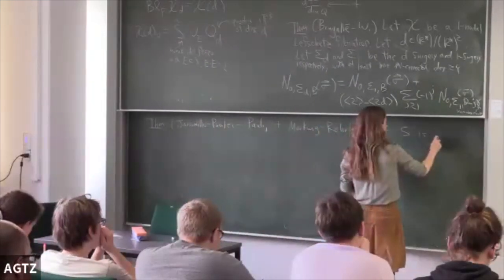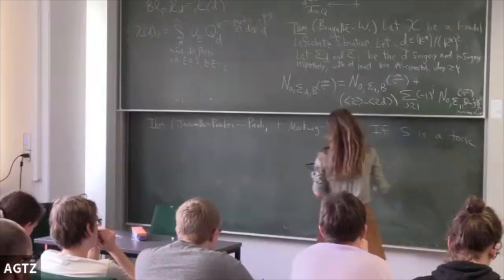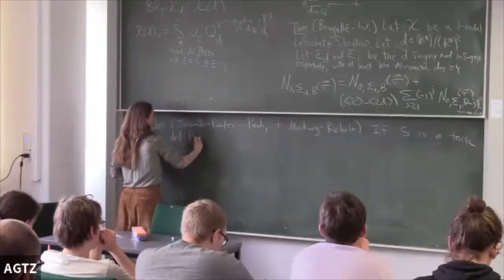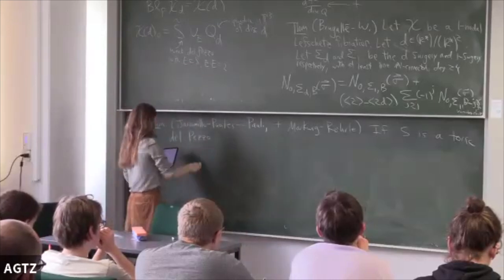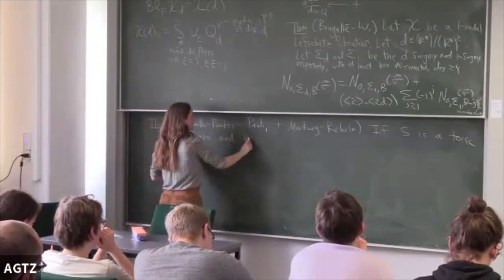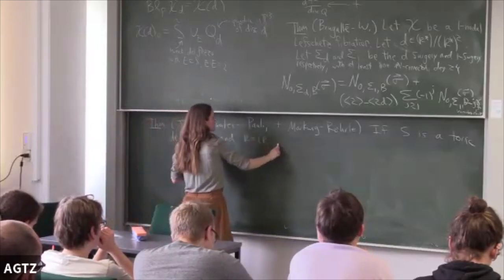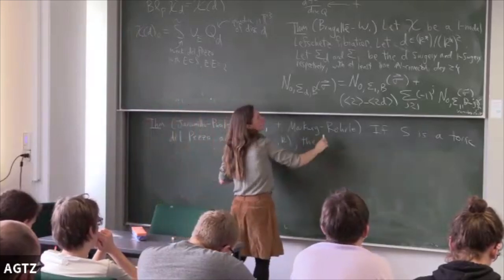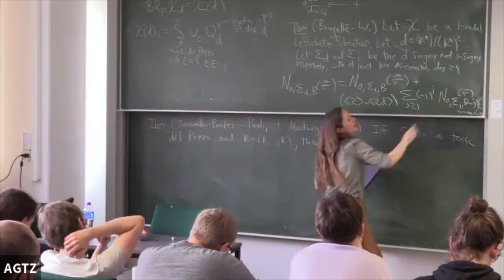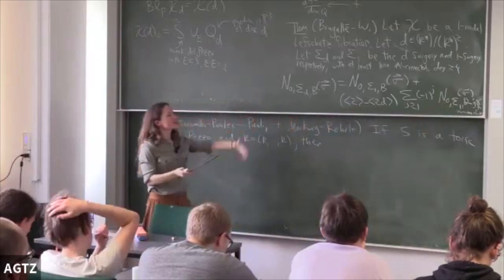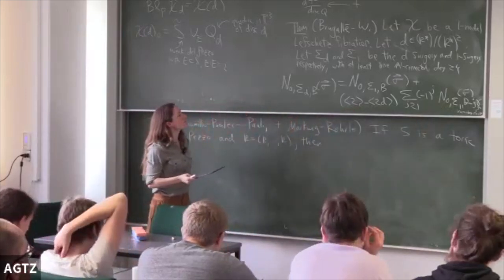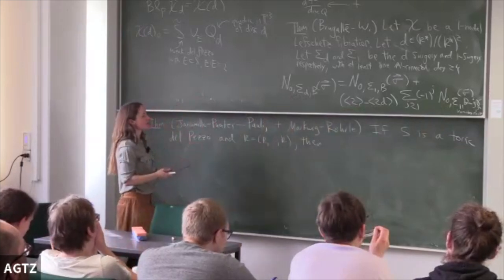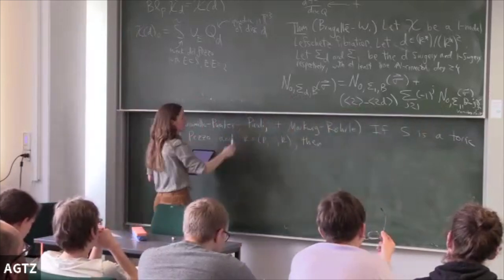So if S is a toric del Pezzo and K is the rational points, then we know, so if sigma 1 is, for example, a toric del Pezzo, then we can compute the corresponding Gromov-Witten invariants for sigma D, because we already know sigma 1.